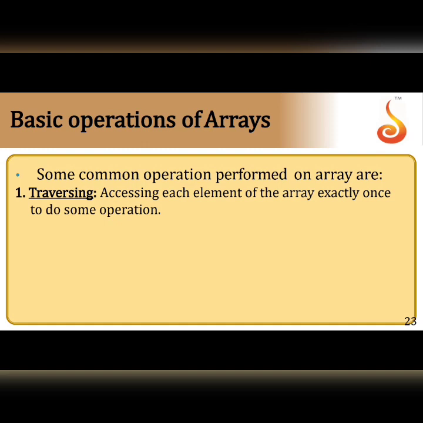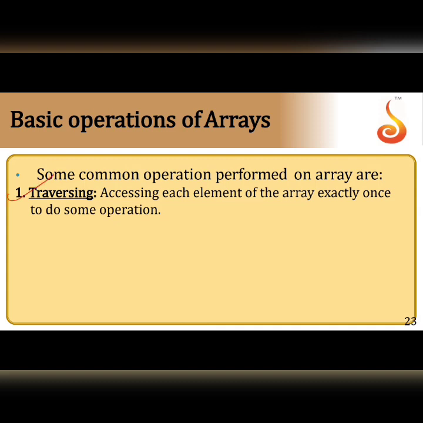It can be a comparison operation or a searching operation, doing it once to each element. Like you need to visit each element of the array, and we'll be writing one program on this also. Traversing is visiting each element of the array exactly once to do an operation.